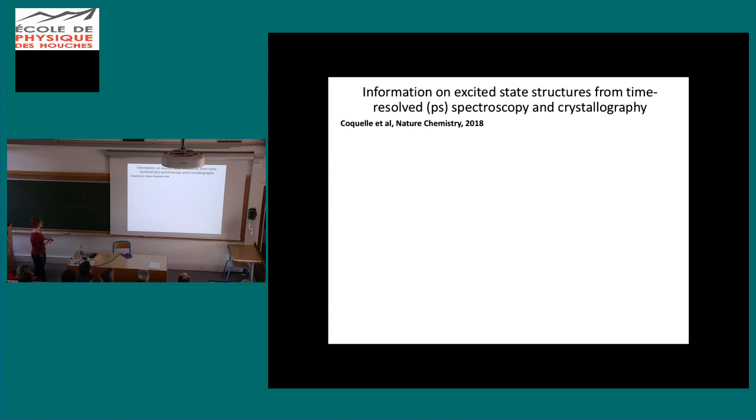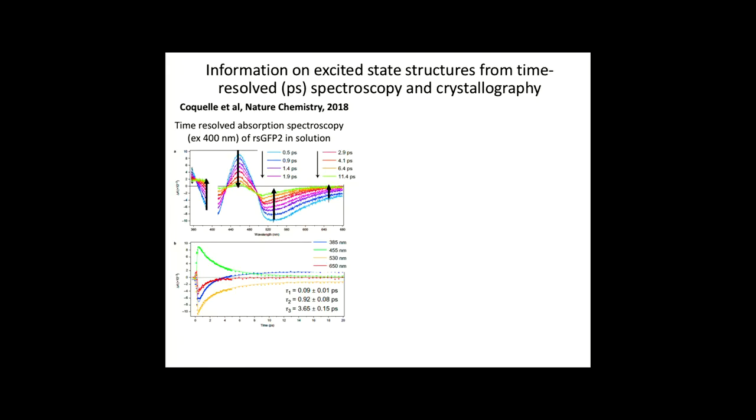Okay, this is another really beautiful example. This is a very recent example of information on excited state structures from time-resolved spectroscopy and crystallography. It's from this group. There were so many authors, I couldn't put them all on here. They were looking at RSGFP, or I guess RSGFP2.